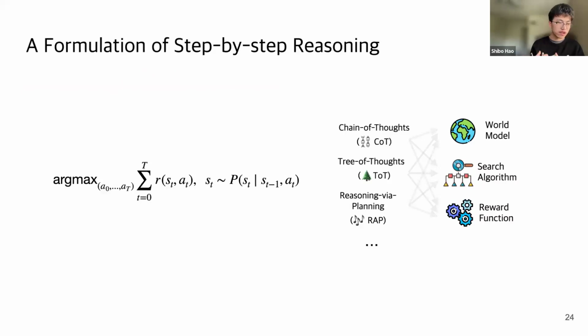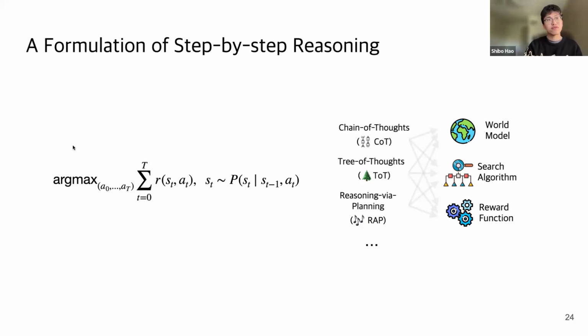So in this library, we first want to build a unified formulation of different reasoning algorithms. Here I list three very representative algorithms: chain of thought, RAP, which I just introduced, and another algorithm called tree of thought, which is also a very popular paper last year. I will introduce more in the later slides.